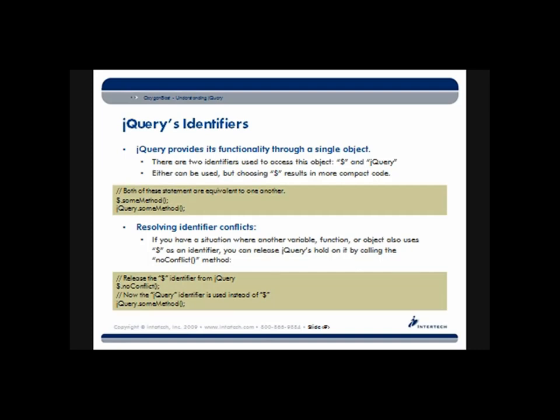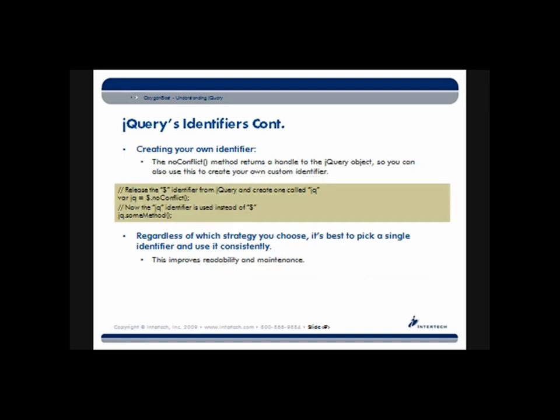If you need to release jQuery's hold on that identifier so it doesn't break your other code, you can call $.noConflict. As soon as you do that, it releases its hold of the $ identifier, and now you can use jQuery as your new identifier. But sometimes even that's not good enough, and you want to have your own identifier to be used for all of your jQuery calls. In which case, you should note that the noConflict method will return a handle to the jQuery object.